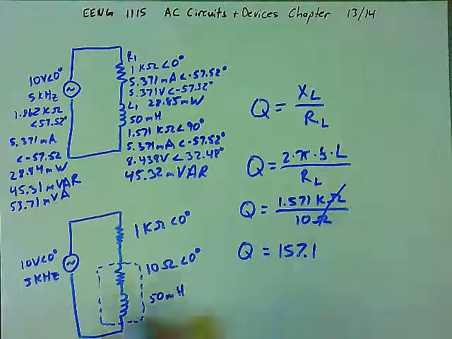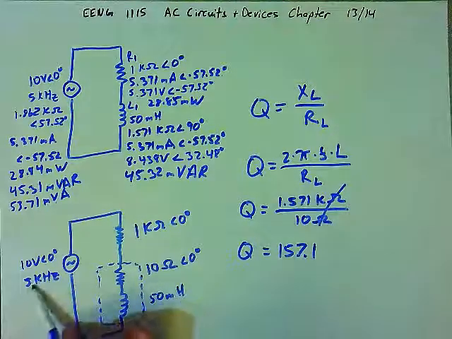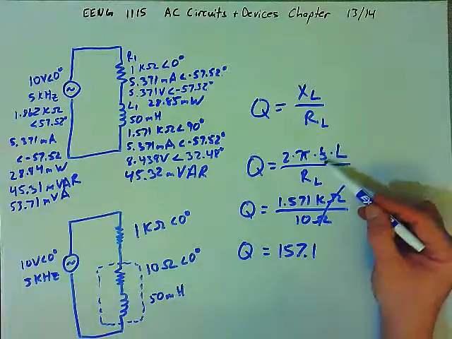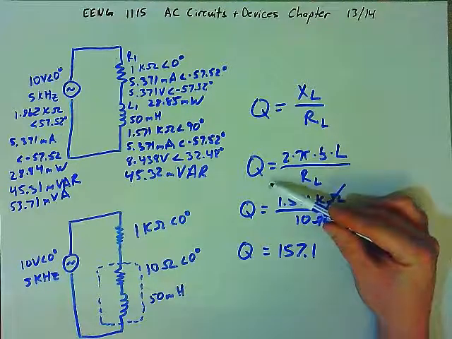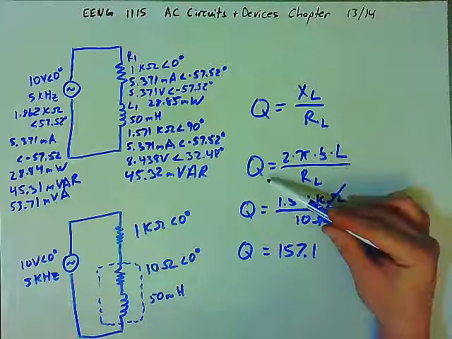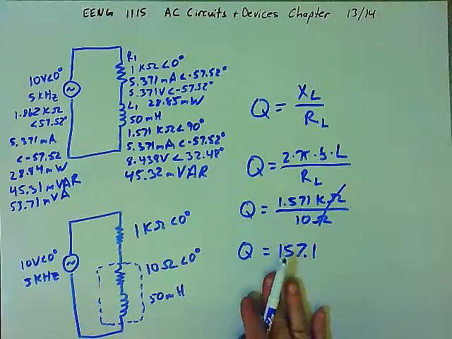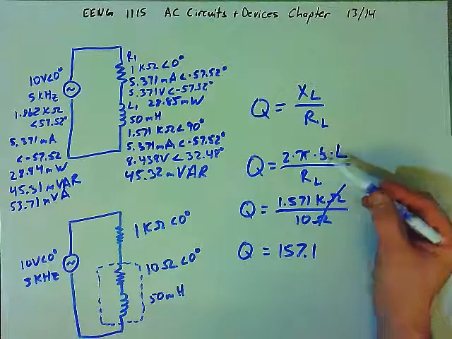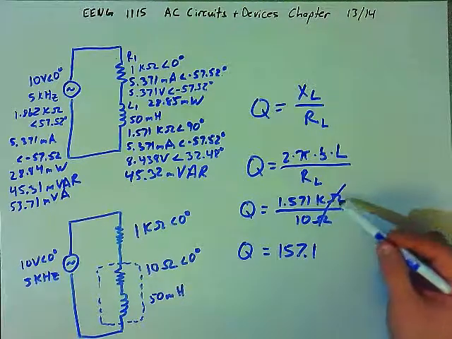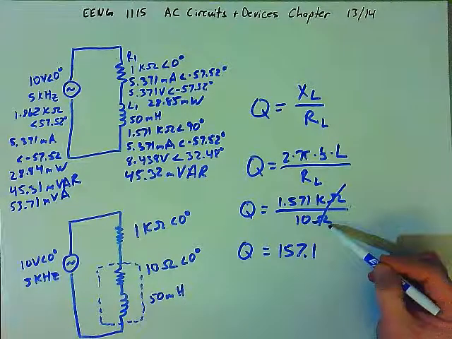Notice that the quality depends on the frequency. The X sub L value came from the frequency of the circuit. If the frequency was less, the quality of the inductor goes down. Higher frequencies result in higher qualities of inductors in circuit. If the frequency is higher, X sub L is larger, and we want X sub L to be much larger than the actual resistance of the circuit.